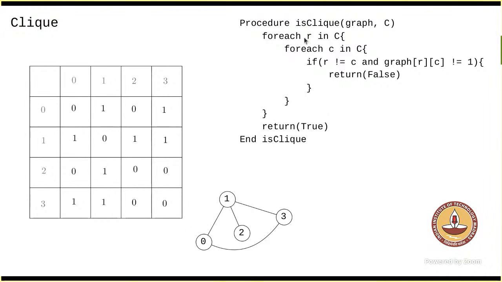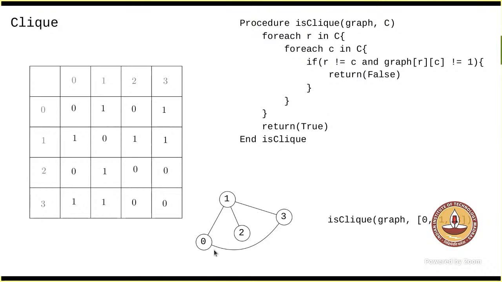Okay, tell me which part is unclear. So if R is not equal to C and graph RC is not equal to 1, you are just checking like if I say 1, 2, graph 1, 2. You are just checking 1 and 2, not 2 and 1. Also, you should check 2 and 1, no?